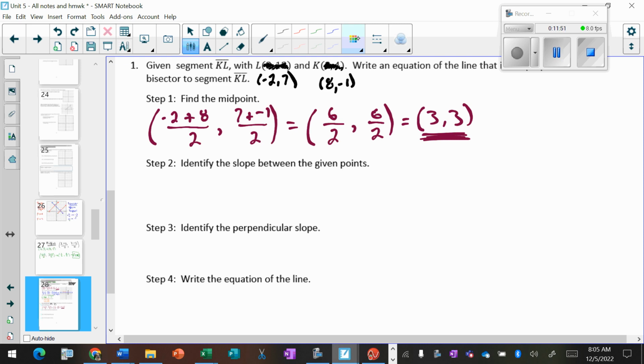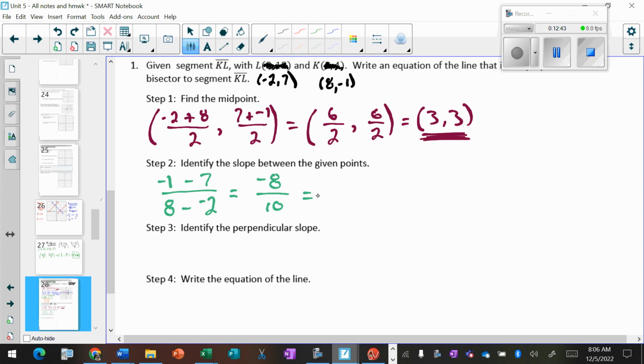Now I want you to do the slope, y2 minus y1 over x2 minus x1. Make sure you are subtracting the -2 for the x values. And you should reduce your slope fraction as much as possible.